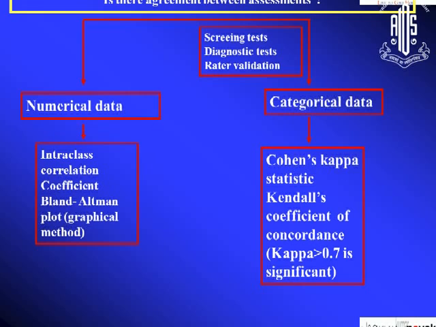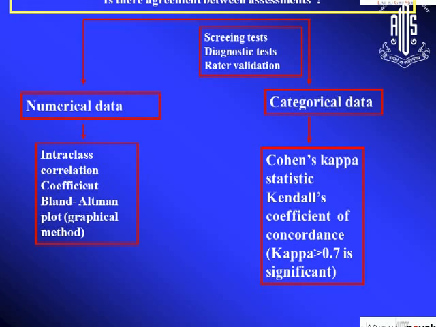Right now for blood pressure, the gold standard is still the sphygmomanometer. If some digital BP instrument has been introduced, then you have to compare it to that. For that type of comparison, for numerical data you use the intra-class correlation coefficient, and the graphic method is the Bland-Altman plot. If it is categorical data, then use this test.